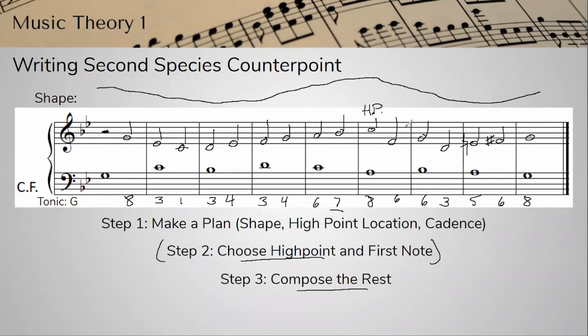I like the F natural better, so we'll keep that. And I think that's a nice little change from the series of steps we had, getting us to that high point there. All right, so let's play this, see how it turned out.